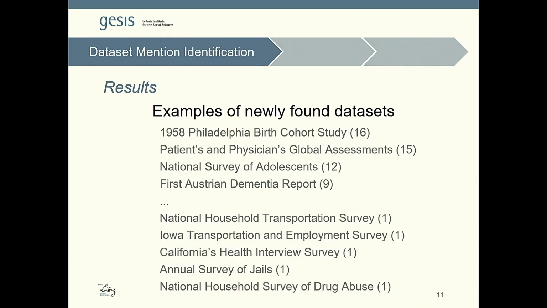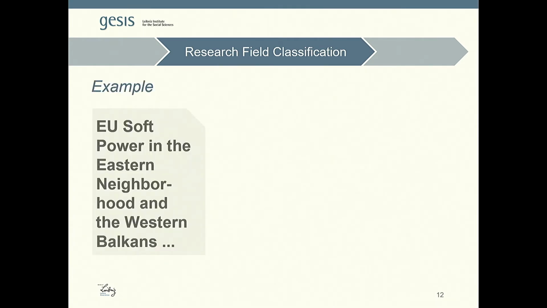And as you see, the precision seems not to be very good, but on the other hand, these are results which are new, not seen in the training set. And as you see here, for example, we are even able to find datasets which are not in the metadata table of datasets.